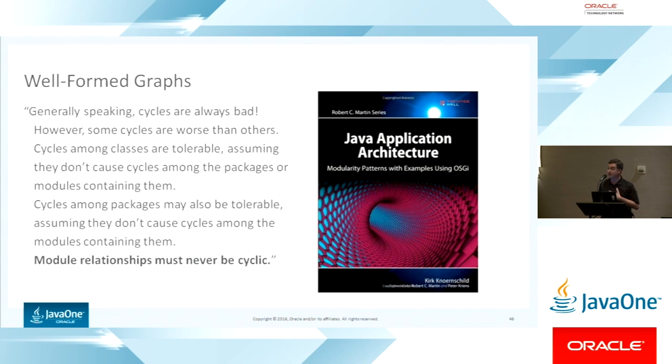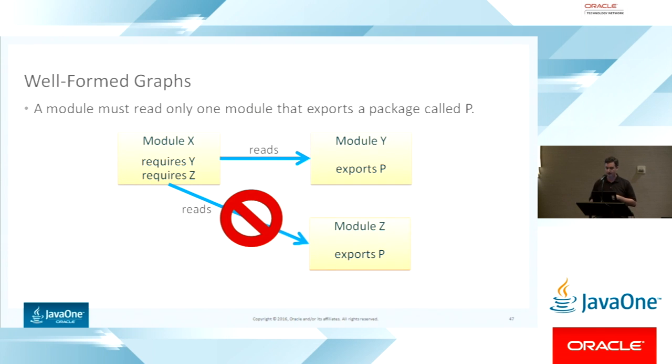Let's turn to another constraint on module graphs. The second constraint on the module graph that's going to be the foundation of the layer is that a module must read only one module that exports a package of a given name.